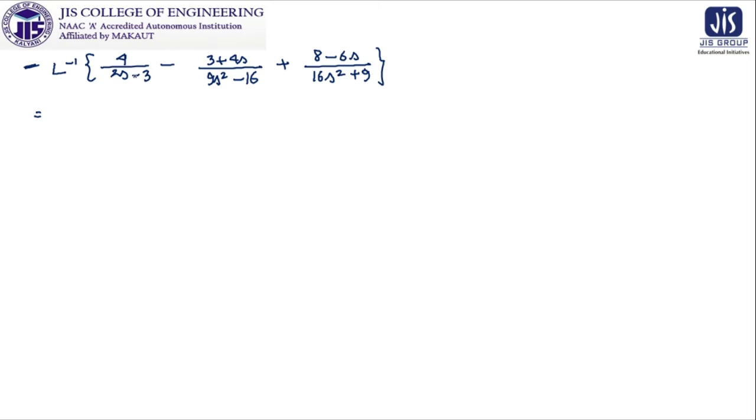Then we can write it as 2 into Laplace inverse of 1 by s minus 3 by 2. Everyone may have a question in mind: why is this adjustment done?